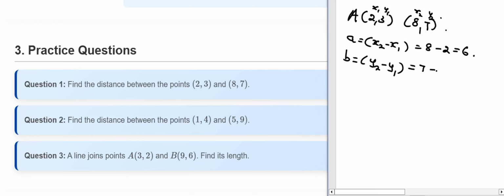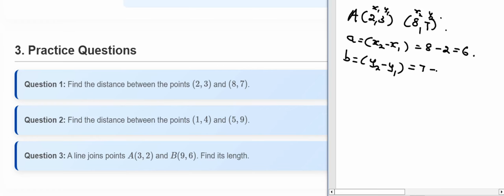Can we try another example, question 2: find the distance between the points 1, 4 and 5, 9. So I can call them A, 1, 4, and B, 5, 9. This is x1, this is y1, this is x2, this is y2.